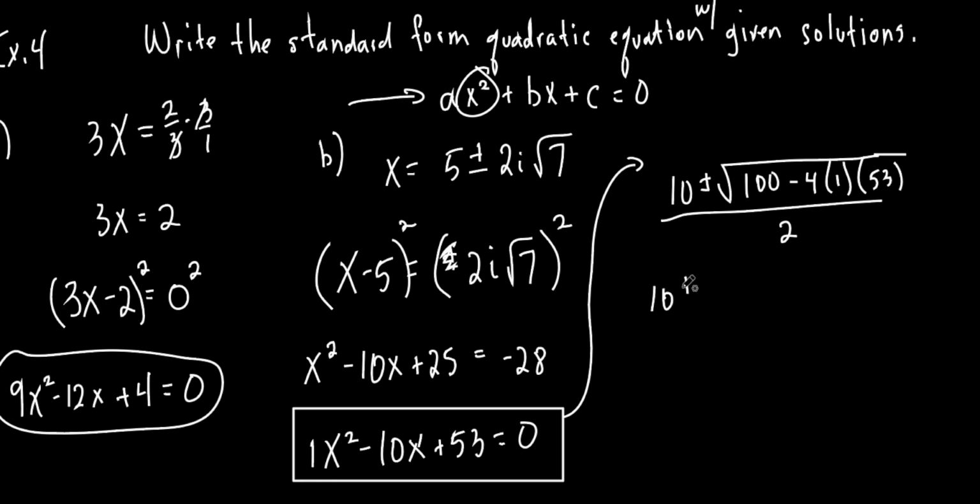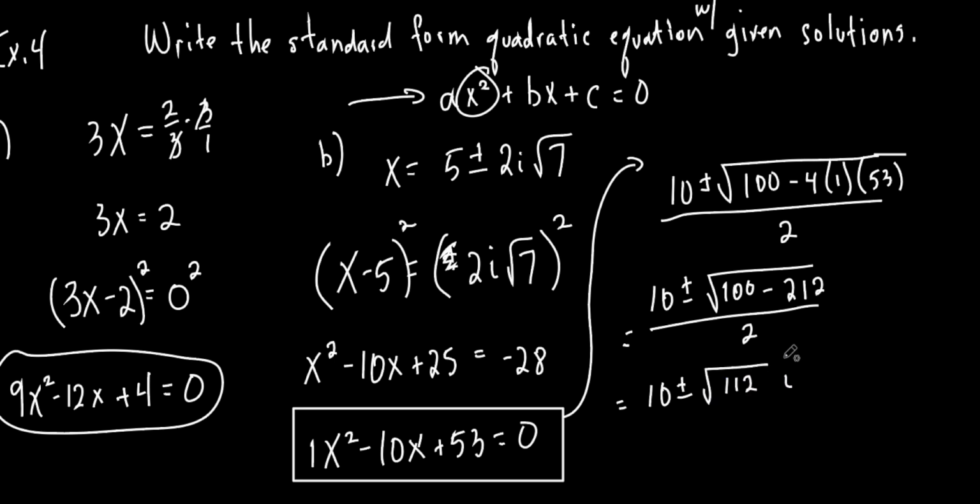So it's 10 plus or minus the square root of 100 minus, what's that? 106, 212? Is that right? Anybody? Yeah. 106 double, then you double it again, it's 212. Over 2, 10 plus or minus, what's that? Negative 112, correct?